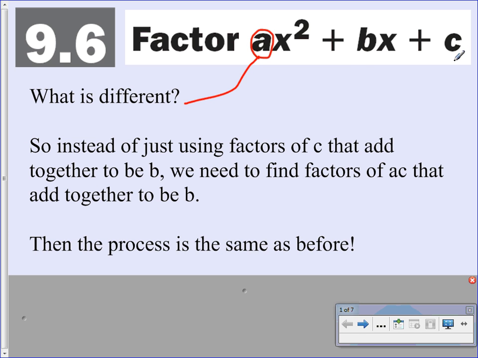Instead of just multiplying to c and adding to b, now we have to use that a. We're going to take a and multiply it by c. And so that a times c is now what we multiply to. And b is still what we add to, and then the process is the same.